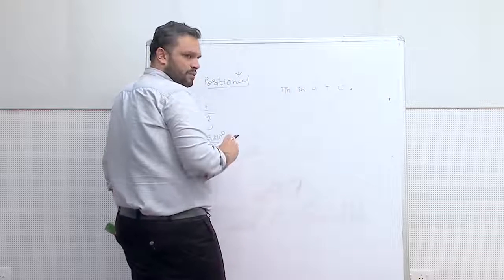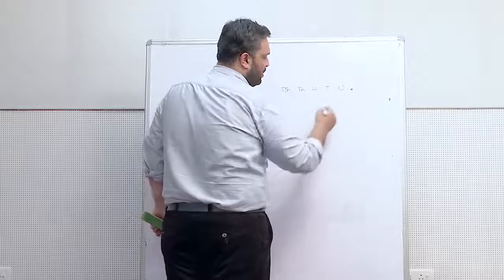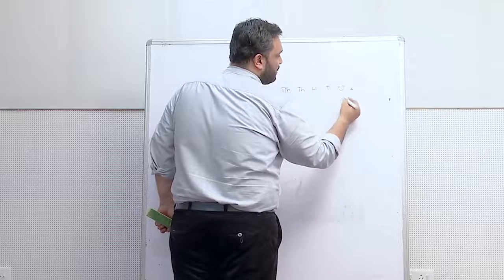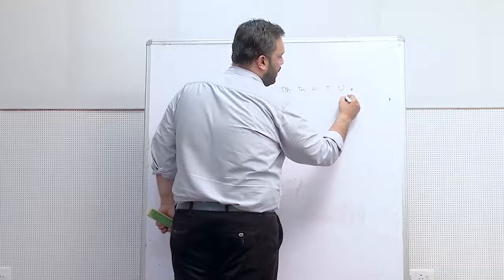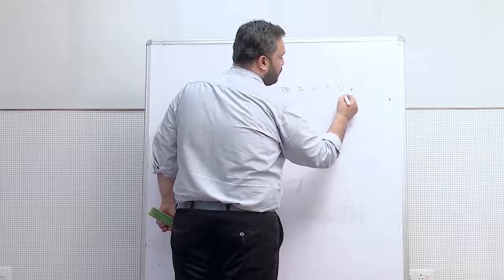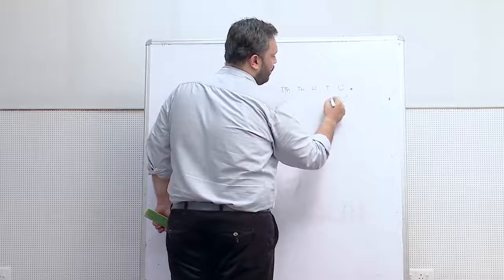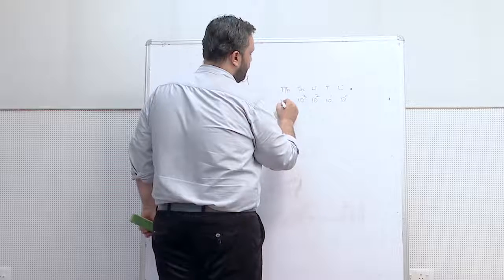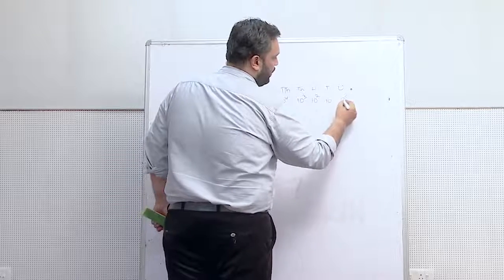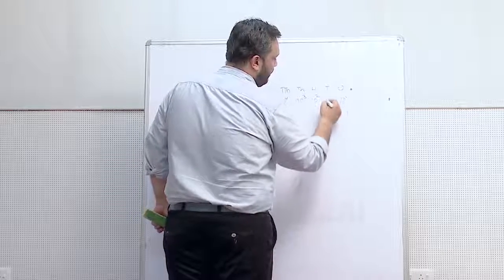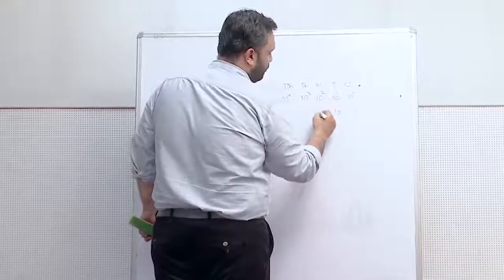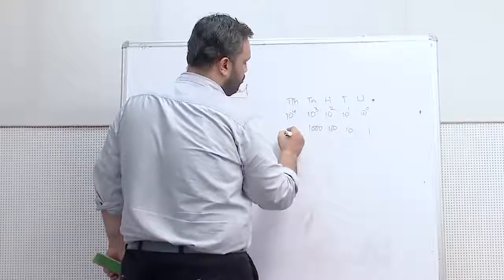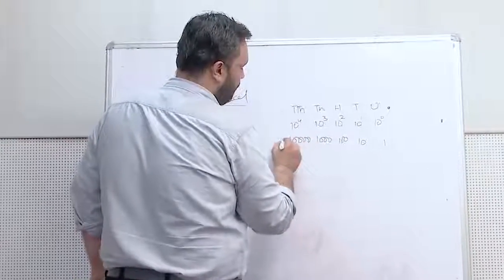Whenever we talk about positions, the contribution of a digit is the value of the digit multiplied by the power of 10. So the power of 10 is 0, 1, 2, 3, 4. 10 raised to power 0 is 1, 10 raised to power 1 is 10, 10 squared is 100, 10 cubed is 1000, and 10 raised to power 4 is 10,000, and so on.